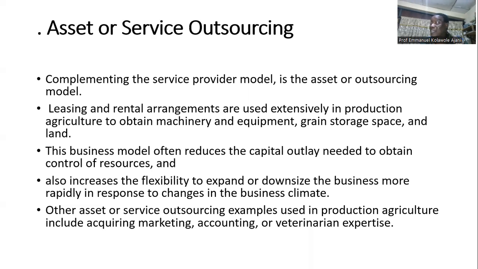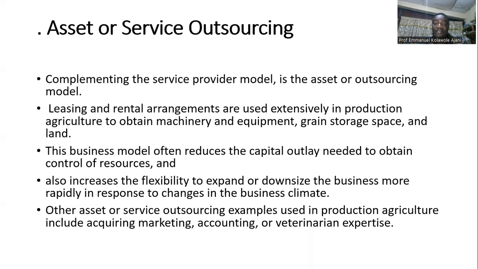A good example of asset or service outsourcing is in fish production, including getting the market expertise. You can outsource what they call the central brand off taker. You can get experts who will come and take your product and sell, marketing.